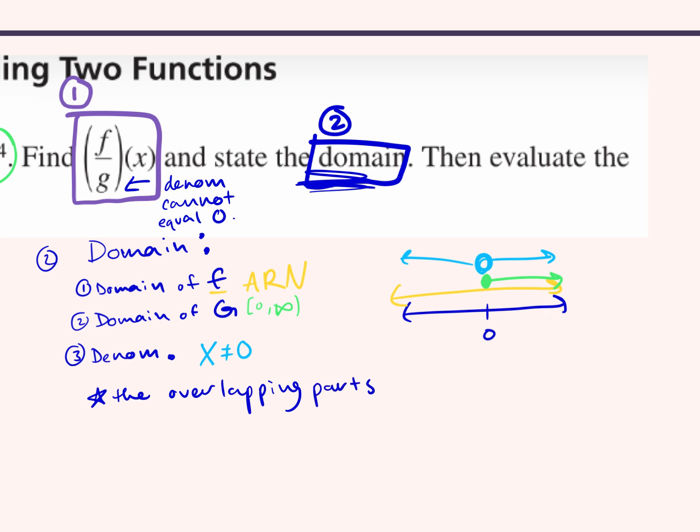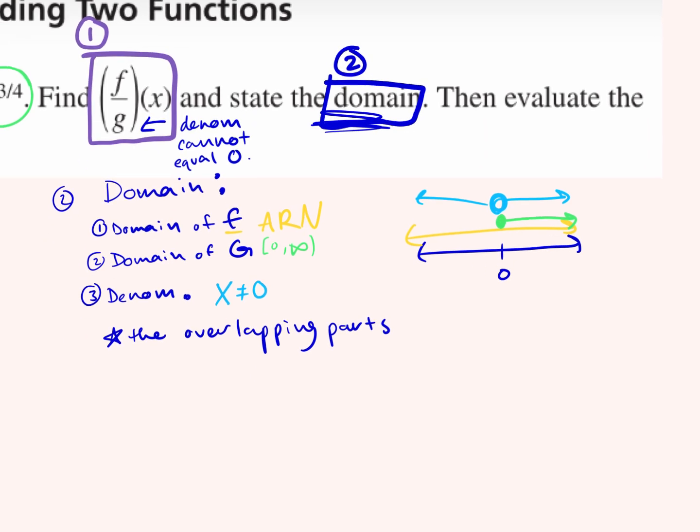So what overlaps here between the light blue line, the green line, and the yellow one? What would my domain of the entire function be? So x can be greater than 0, but can it be equal to 0? No, we said x can't be equal to 0 because we had to check our denominator.